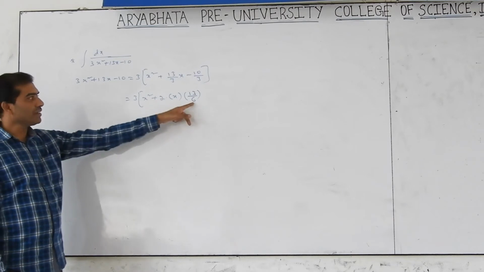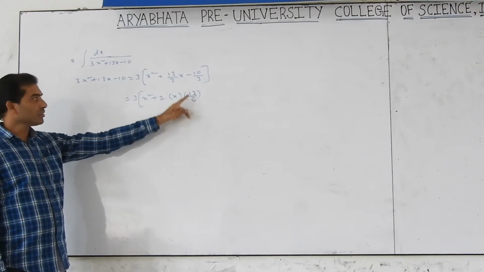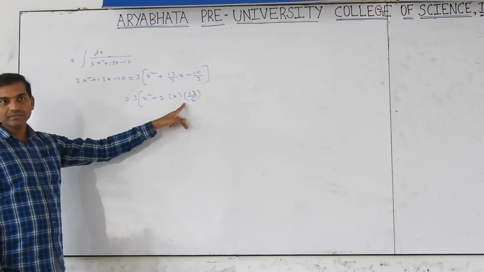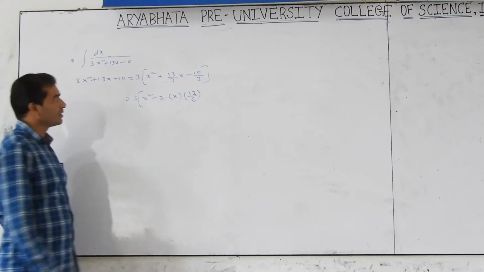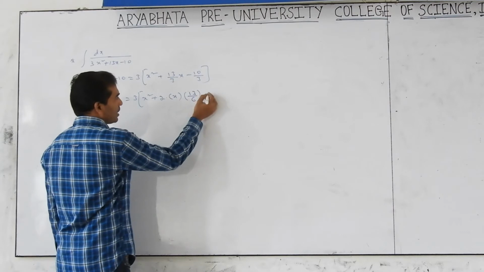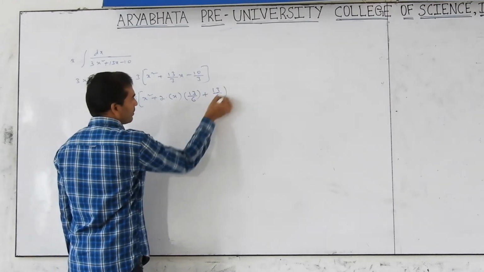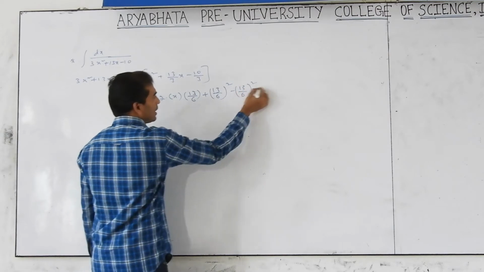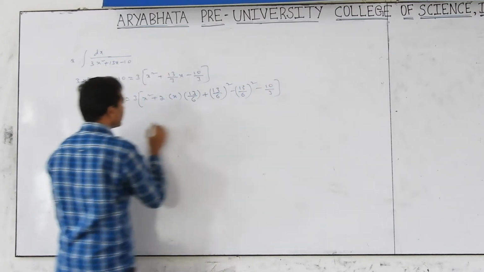Correct? 2 times 13 by 6 is 13 by 3. Understood? So this is b, and 13 by 6 squared is b square. We should add and subtract it, and then minus 10 by 3.